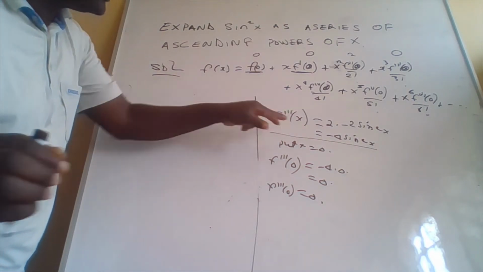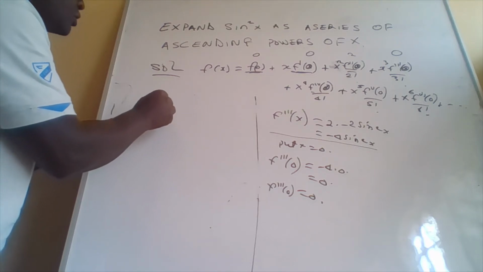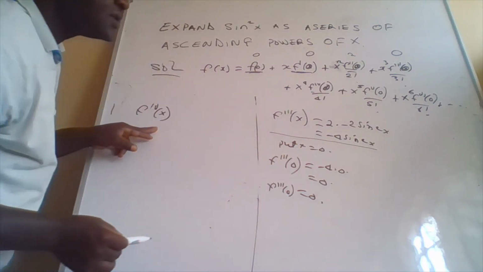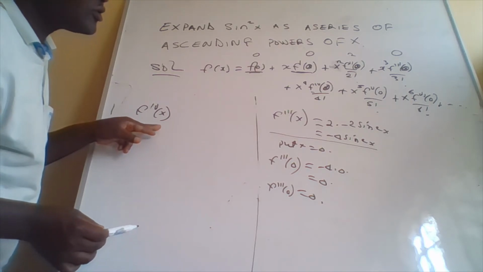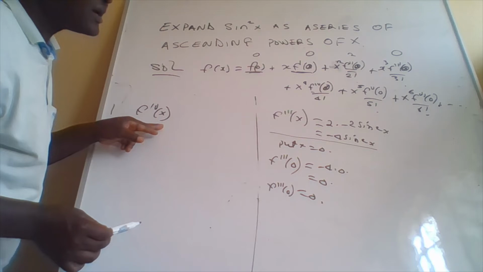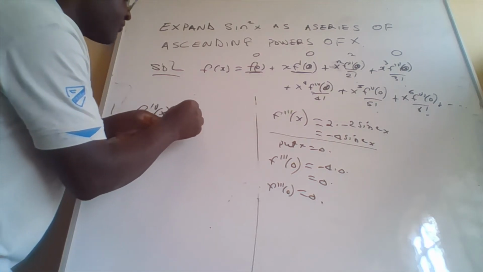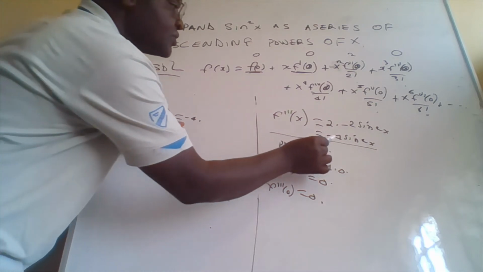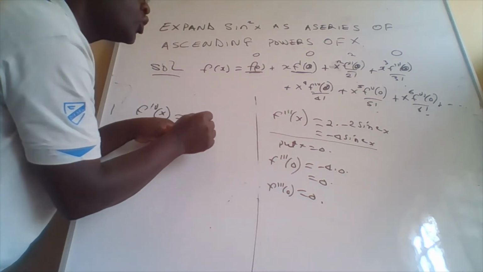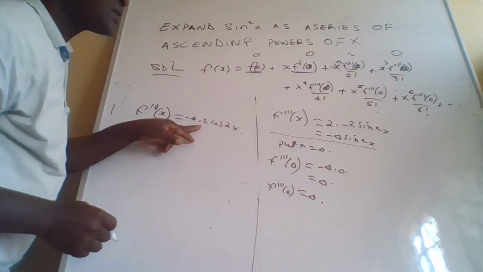When we differentiate negative 4 sine 2x, we get negative 4, and when you differentiate sine you get cosine, so here we shall have times 2 cos 2x.